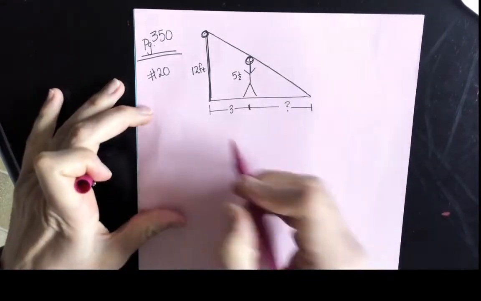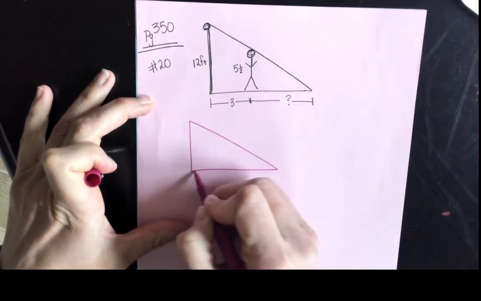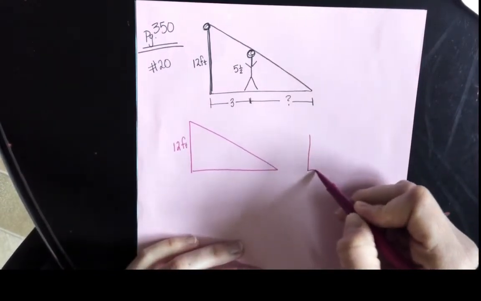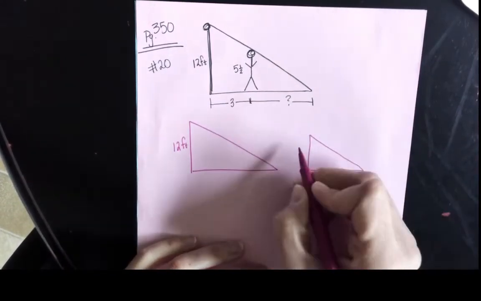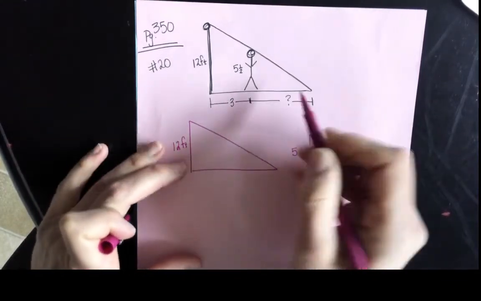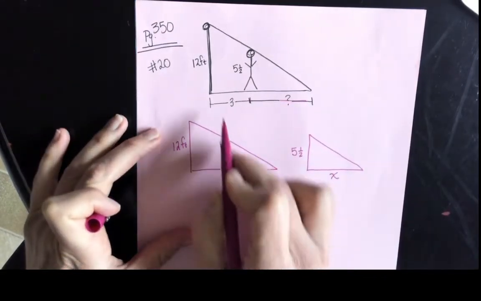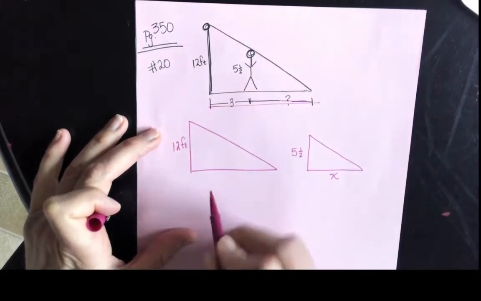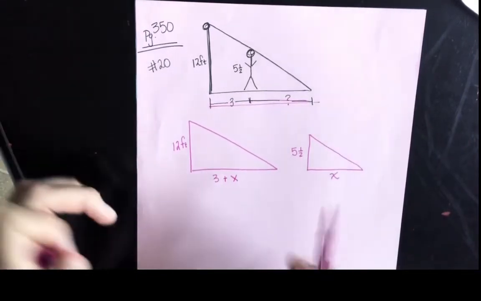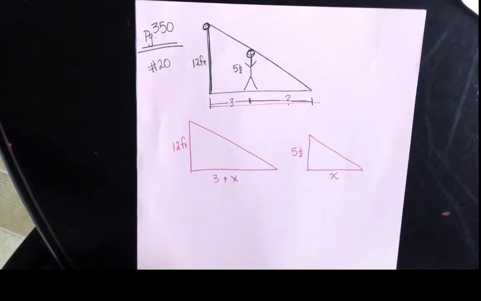When I do that, I'm going to have one triangle that is clearly the lamppost, our 12 feet. I'm going to have our other triangle that is Ched, which is our 5.5 feet. I do know that whatever his shadow is, I can name X, and whatever the lamppost shadow is, I can name 3 plus X. And I'm going to use our similarity here where I can set up our proportion.